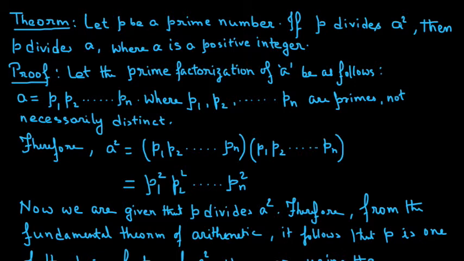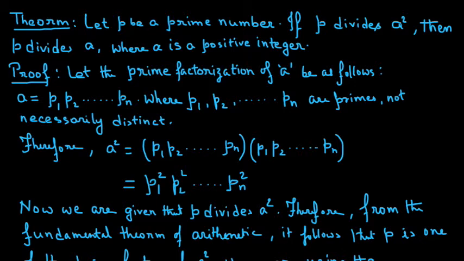Now proof. Let the prime factorization of A be as follows. Just we have considered that P1, P2, ..., Pn are the prime factorization of A, where P1, P2, ..., Pn are primes, not necessarily distinct.